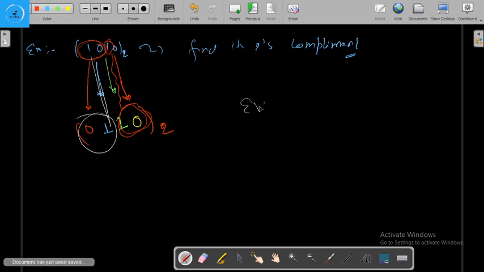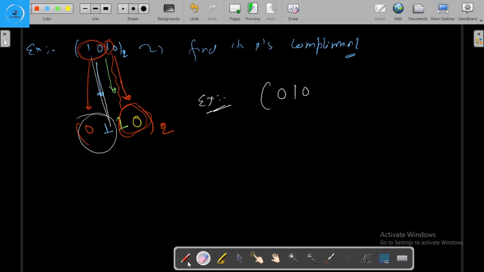Let's see one more example: 0101. We are going to find its 2's complement. First, where does the 1 appear for the first time? 1 appears first time here.